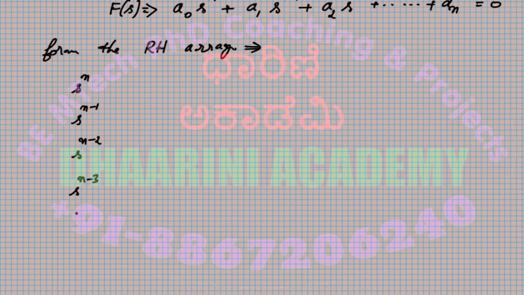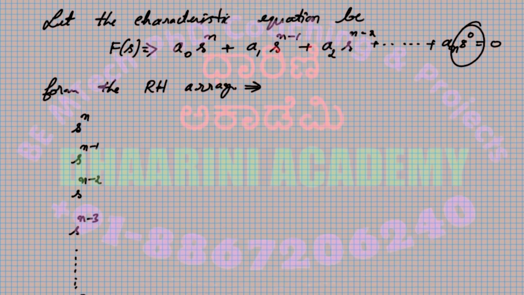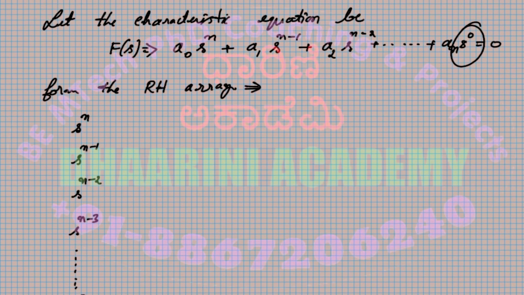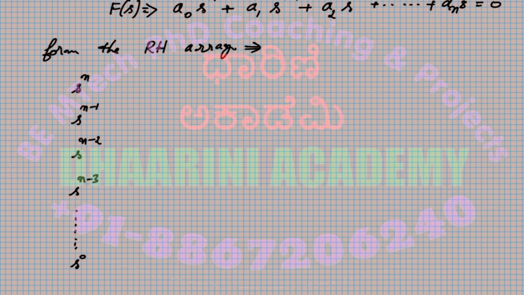We don't have to write all of them as of now; in the actual problem we will write all of them until the last power, s to the power 0. You see here, this is an into s to the power 0, because I don't have an s, it's 1 for us. So it's just an. That is the first column of our RH table.